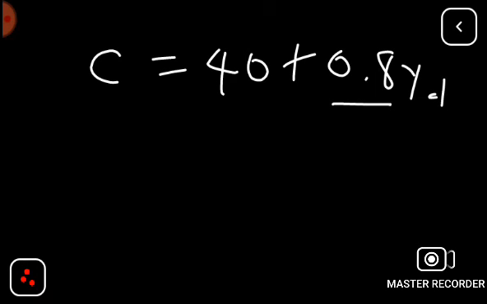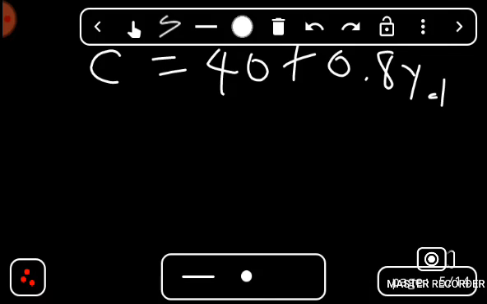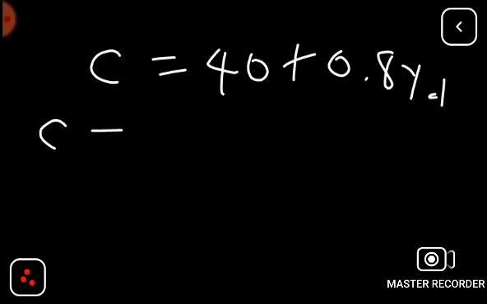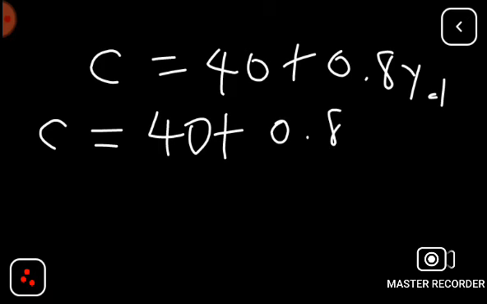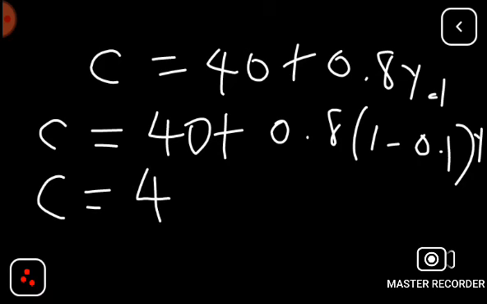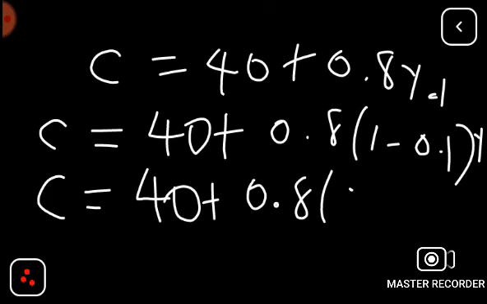By the way, this 0.8 is the multiplier. So let our consumption be 0.8 times 0.9y.